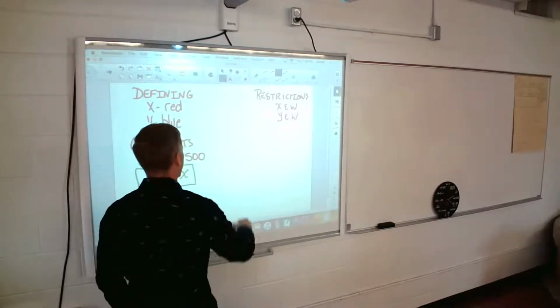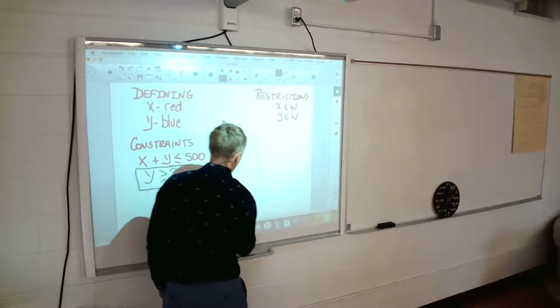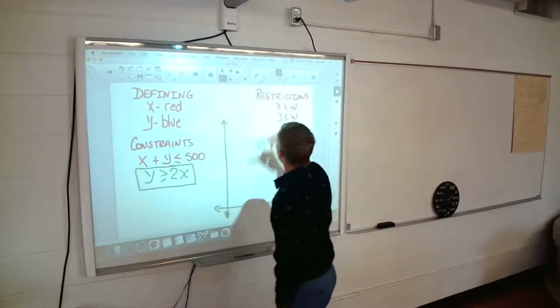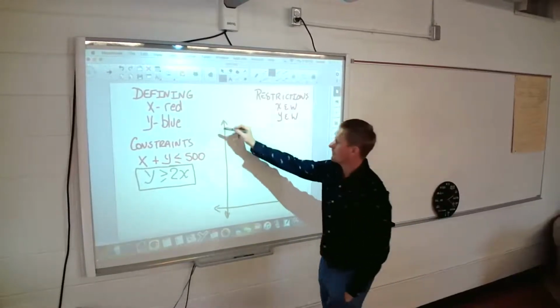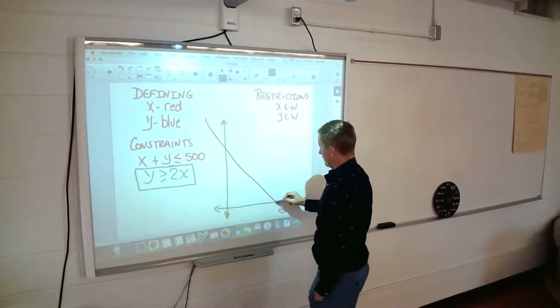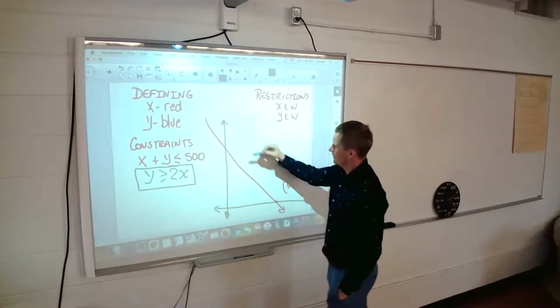All right, so now we got to graph this guy. Okay, first graph is x plus y is less than or equal to 500. Well, this coordinate here is 500 and 0.